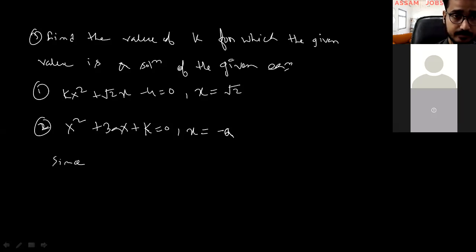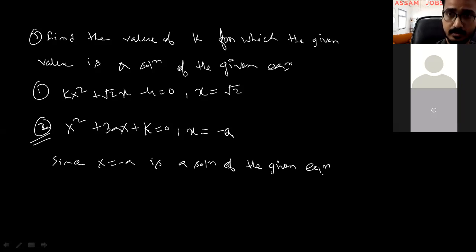Since x equal to minus a is a solution of the given equation, so minus a whole square plus 3a into minus a plus k equal to 0.